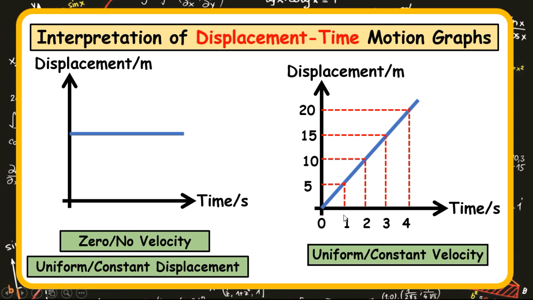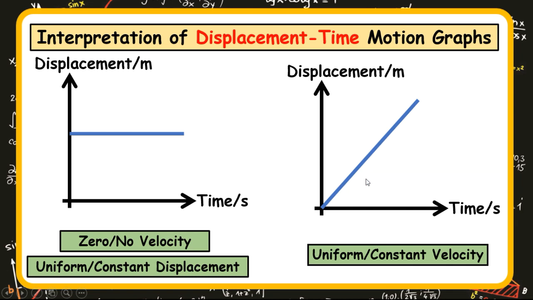There is an equal increment on both sides. As the time goes with 1 second incremental jump, the displacement goes with 5 and it is throughout. That is why it is called uniform velocity.